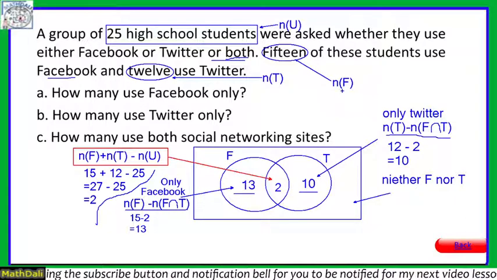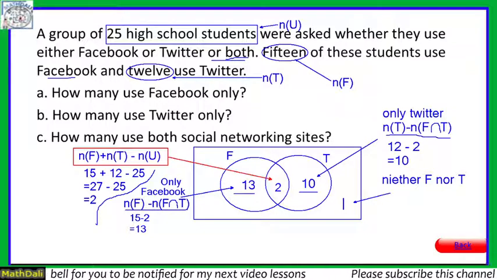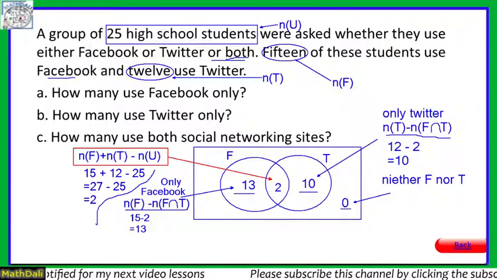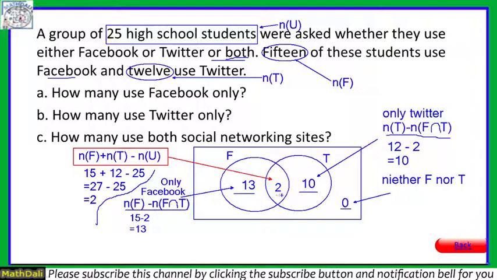Meron ba ditong neither? Wala. Kasi yung student, yan lang yung mga choices nila. So, ibig sabihin, yung 25 na yon, namili lang sila, it's either Facebook or Twitter or both.